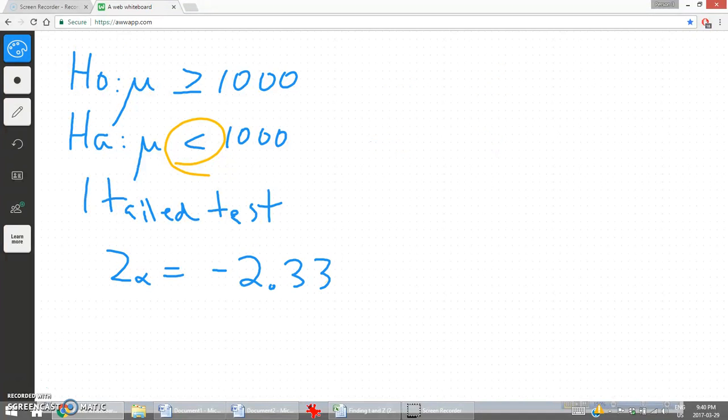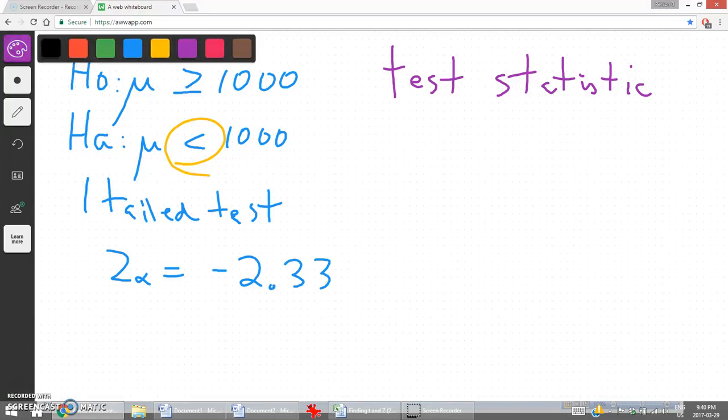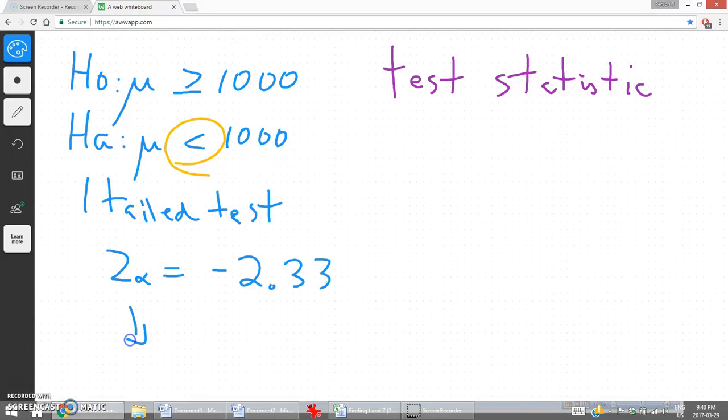So the next process or step in the hypothesis test is to calculate a test statistic. So the value that we need to calculate is called a test statistic, different than this value here. This one, as you recall, is called a critical value.